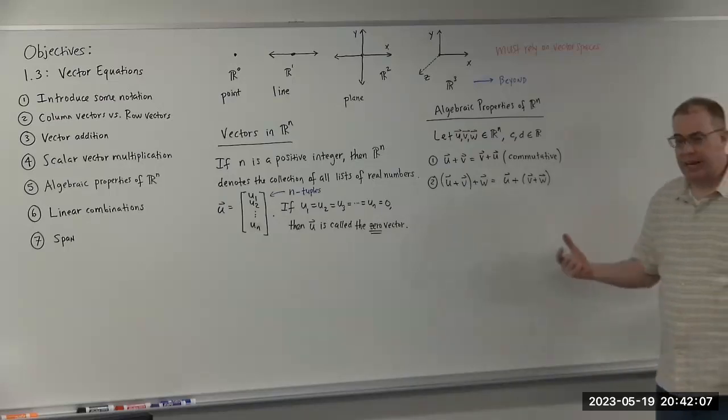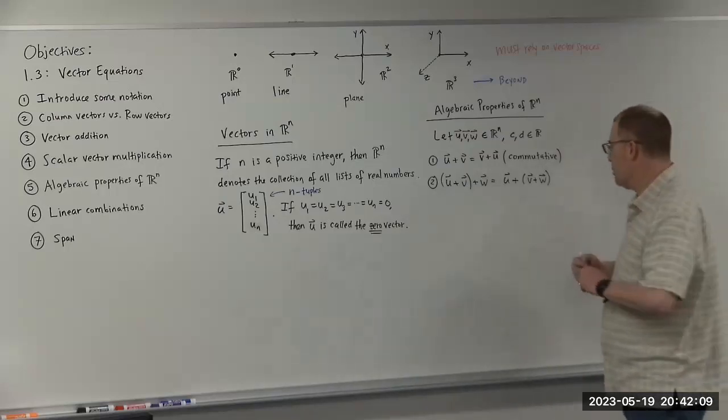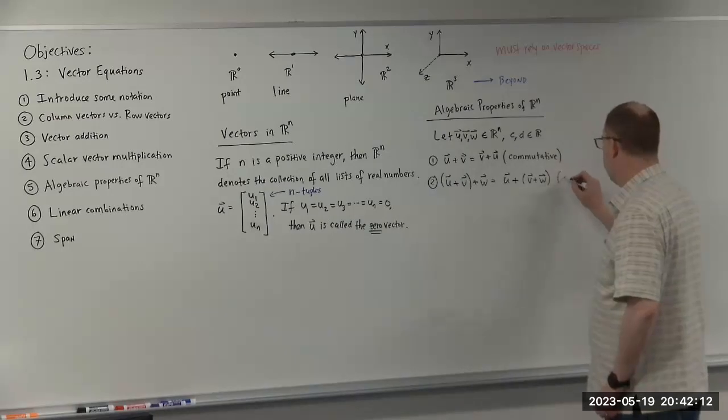No matter which pair I add first, I'm always going to get the same result. This is what's called the associative property.